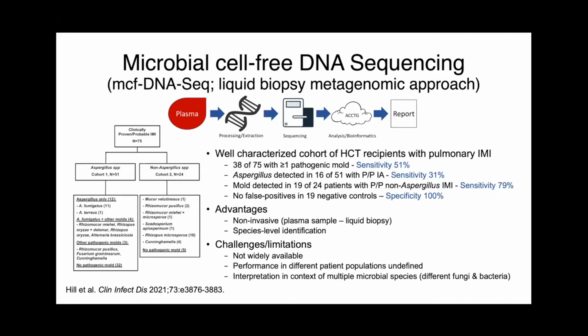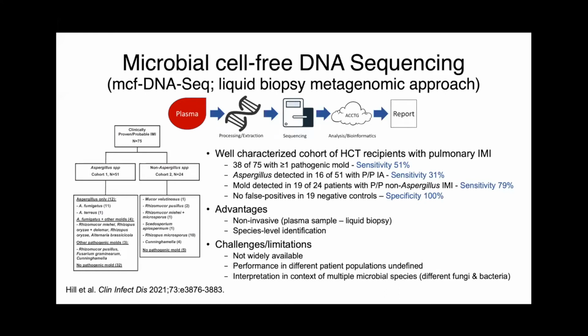In contrast, in those patients who had a proven or probable invasive mold infection due to a non-Aspergillus species, the sensitivity was higher at 79%. They did report seeing no false positives, and so the specificity overall, at least in this retrospective analysis, was 100%.